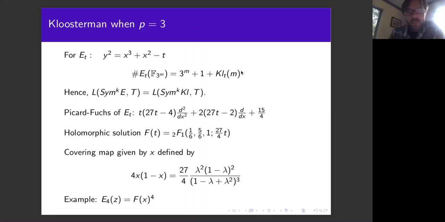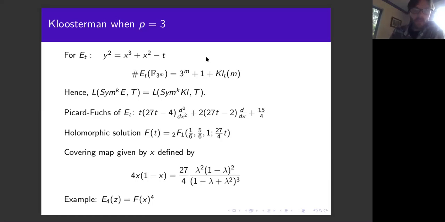So you wouldn't even expect something immediate like this, because when p is 5 or larger these are not integers, and an integer can't be equal to this. So immediately, it wouldn't be so simple of a formula for p equal to 5 or larger. There's more ingredients going on.